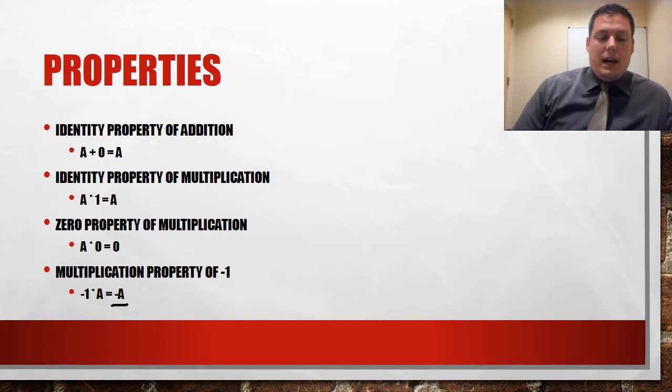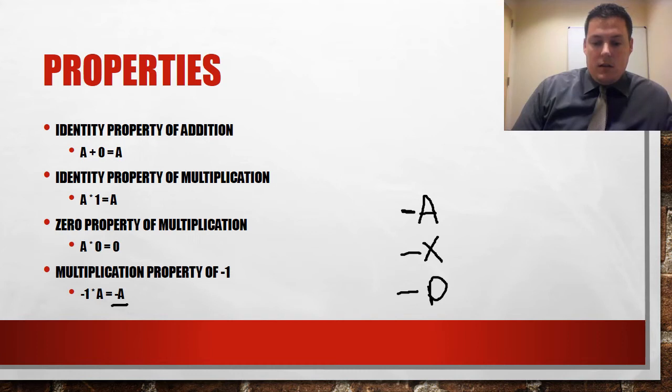Notice I said opposite and not negative. Anytime we have a variable, we are not going to use negative for this sign. We are going to use opposite. Because if we say negative, we might sometimes think that this variable is negative. That might not be true.